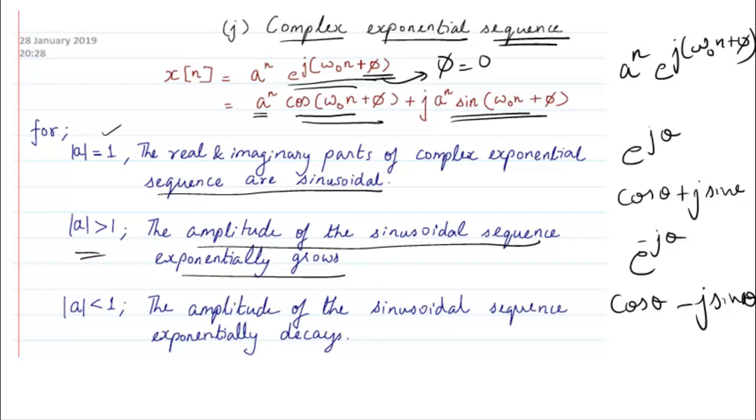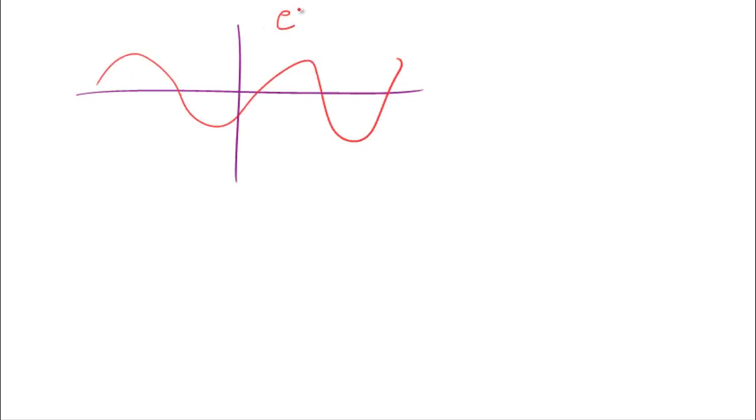To explain this further, just look at this particular case. Generally, I told you that if you want a sinusoidal signal, it will be something like e raised to power j omega t. But if I am going to sample it, then I will have only the sample values.